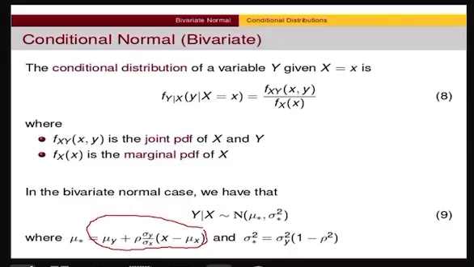If I want to figure that out, I'm going to use this formula here.